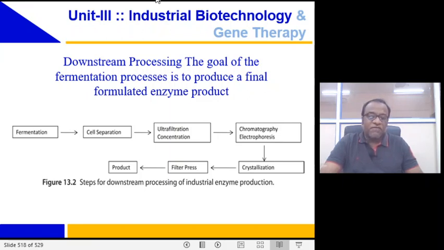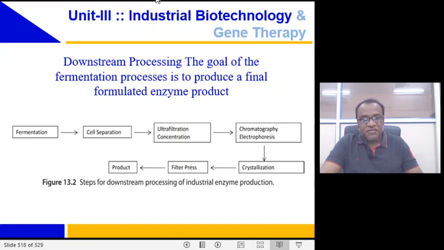Now what happens if it is an intracellular enzyme? For intracellular enzymes, you have to go for disruption of the cells either by, number one, mechanical or, number two, non-mechanical methods. So you require mechanical or non-mechanical methods to disrupt the cell membrane if it is an intracellular enzyme.